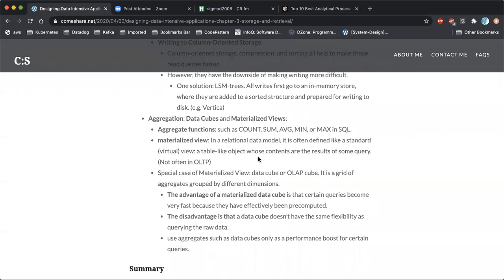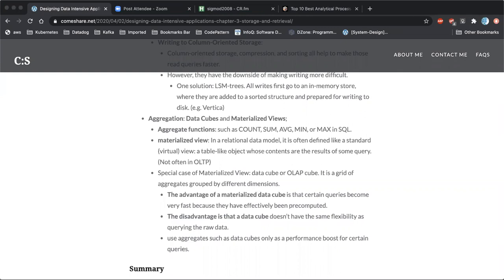So, anything else that anybody wants to add on that? I think we are almost out of time, but I believe we can finish this up. Okay, so does anybody want to talk about data cubes? I think I read about it, but I'm not quite sure.